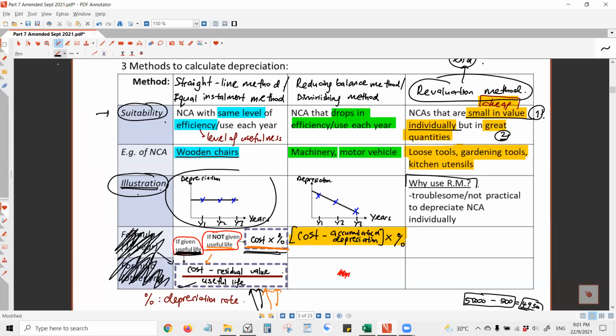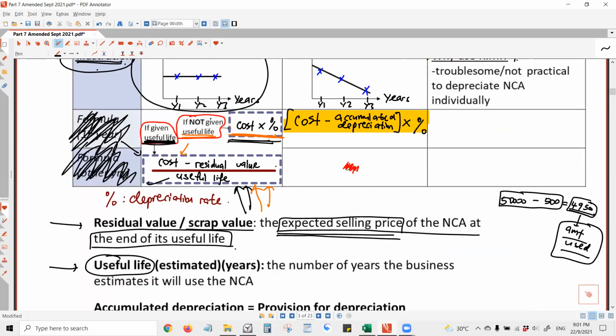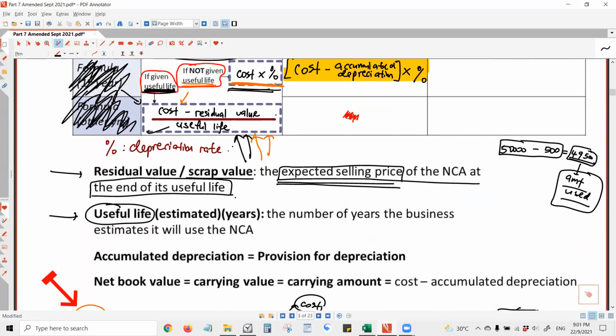Now, cost, you know what that is, right? Cost means the price you paid to buy the NCA. What is accumulated depreciation? Let me explain what accumulated depreciation is.